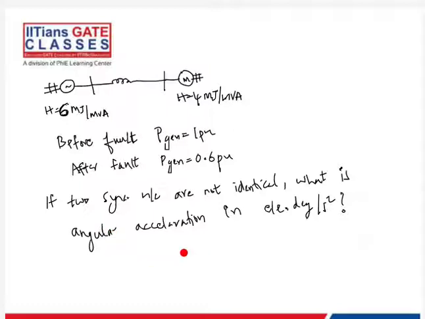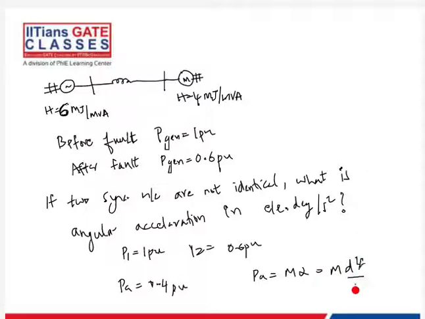So we are given what is P1, 1 per unit, what is P2, 0.6 per unit. So PA, the accelerating power, would be 1 minus 0.6, that is 0.4 per unit, right? What is PA? M alpha, or M into d squared delta by dt squared.